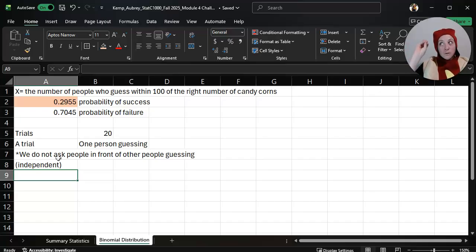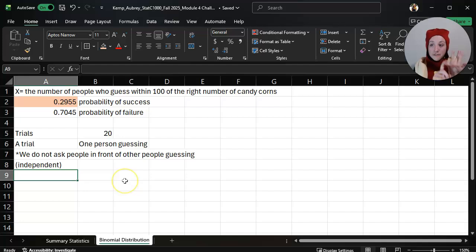Because if you saw what other people were guessing, chances are it would influence what you guess. So in that case, the trials wouldn't be independent because the probability of what you're guessing changes depending on what you've seen. So in that case, it would be a dependent situation. So here we're assuming that I'm asking people who can't hear what other guesses are. This is a completely individual guess. There's no influence from other people making guesses.